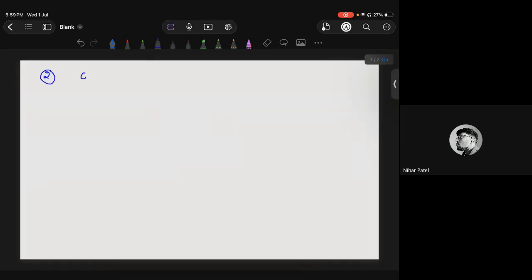Let us say now g of s is b by s square plus b square. Now in this, what are the zeros? Here also no zeros. Correct. What are the poles?